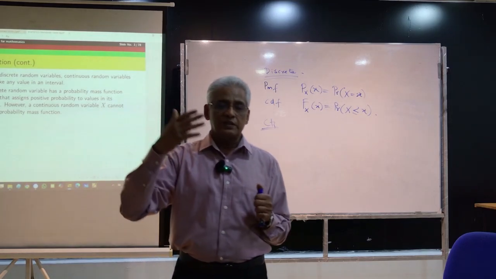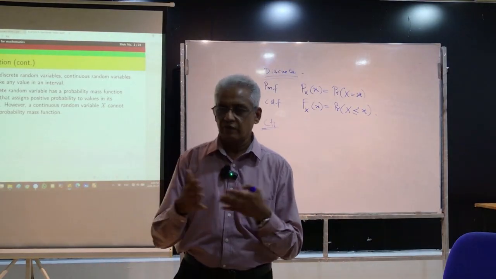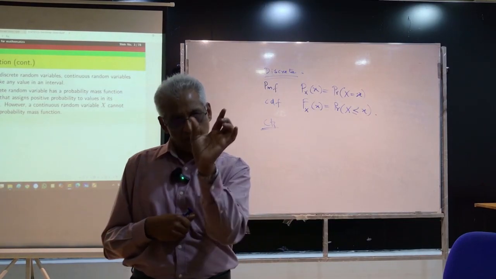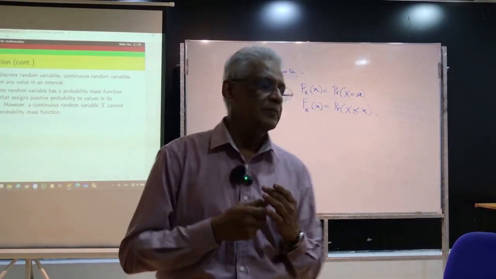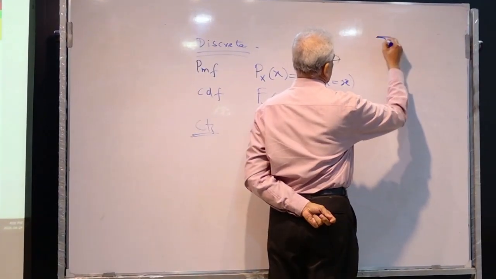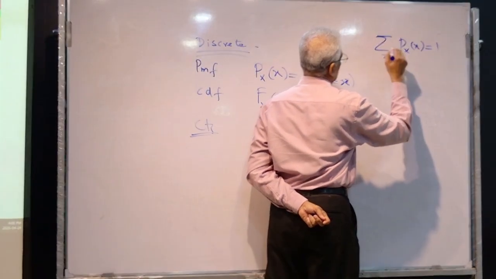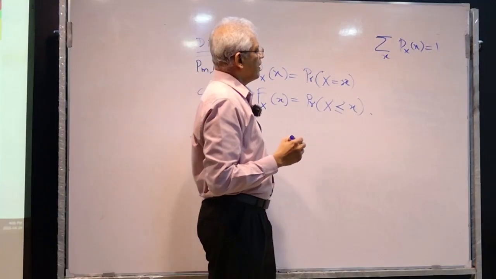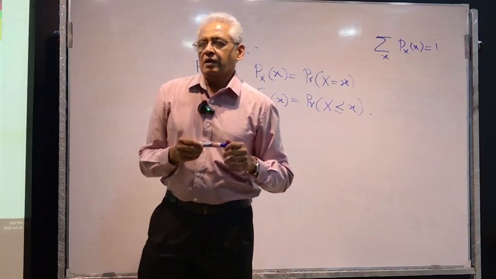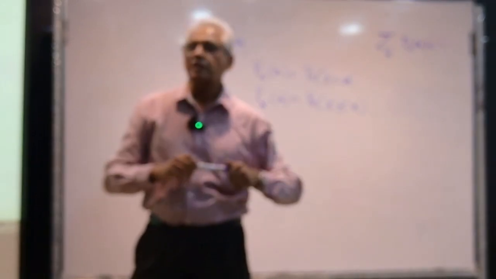But if a continuous random variable has a probability mass function, say Px, then that function also should satisfy that property. The sum over all possible x of Px(x) should be equal to 1. But this will not be meaningful if X is continuous.